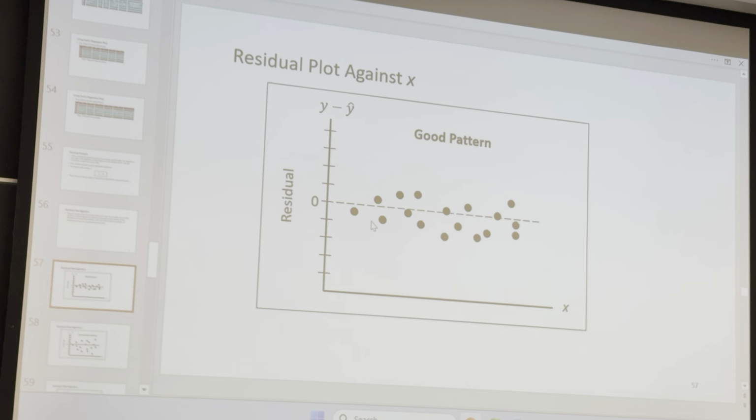But you can also say, look, it's going like this, and then like this. But that is a bit too much of a stretch. The key thing over here is values are not far from this 0, and some are above, some are below.